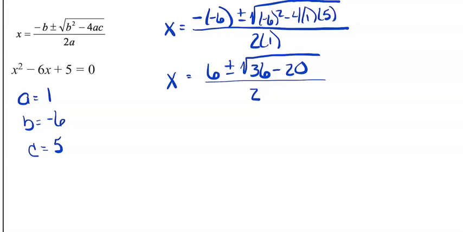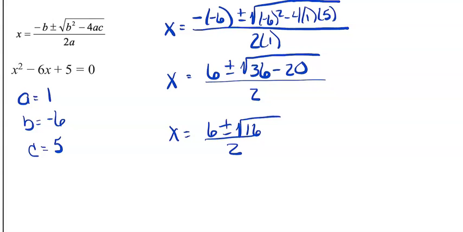I'm going to go ahead and keep working. I have x equals 6 plus or minus 36 subtract 20 is 16. And we're still over 2. Now remember when we were solving earlier, I told you that when we take the square root of 16, we want plus or minus. We're not undoing anything here, so we just want to find what the square root of 16 is.